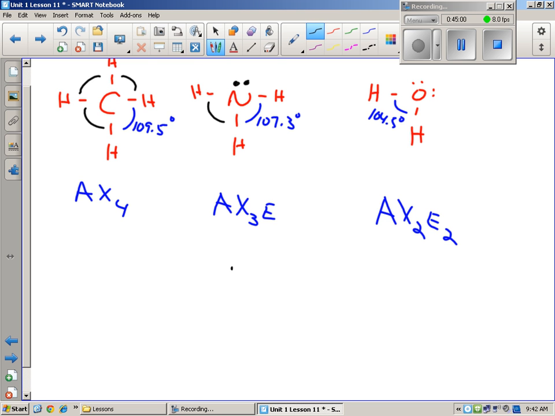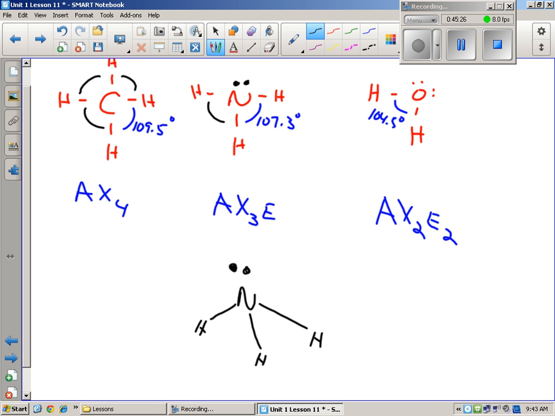So what actually happens here is you get a structure that kind of looks like this. As far as NH3 goes, it actually looks more like that. Because lone pairs have a greater repulsion than a bonding pair to a bonding pair.